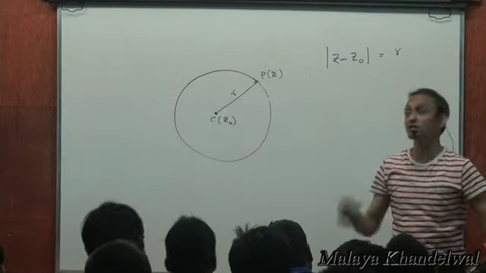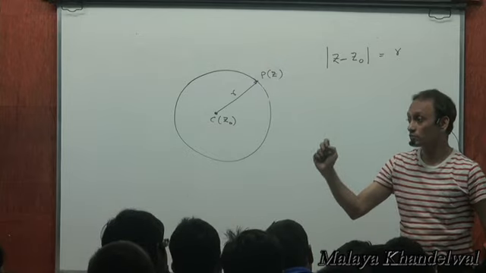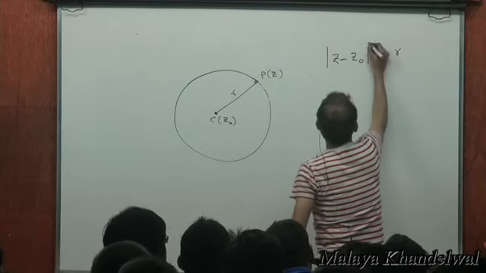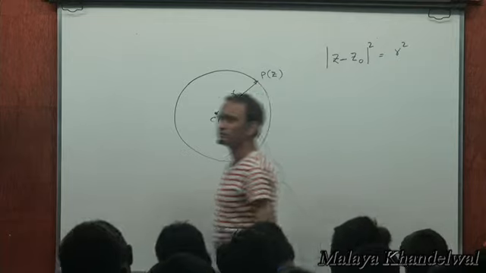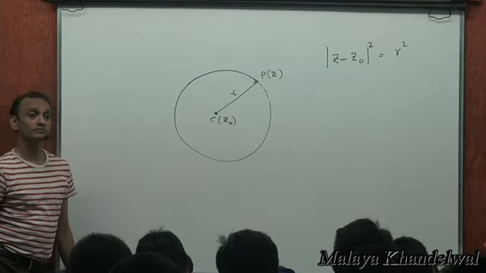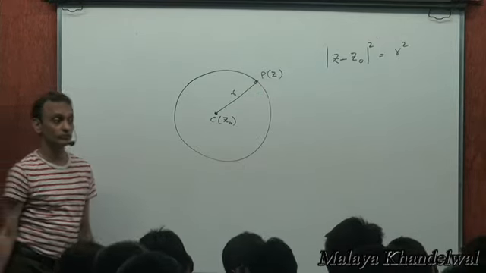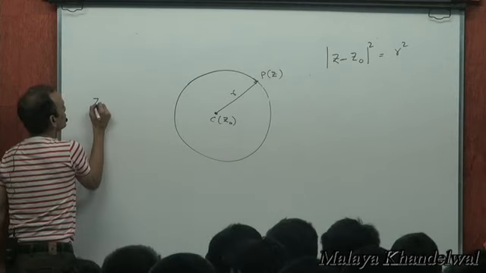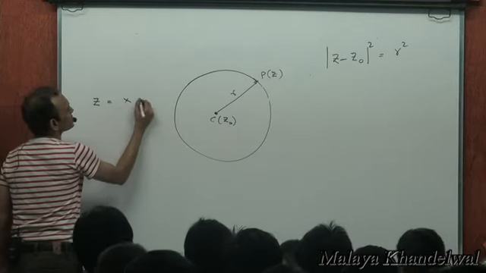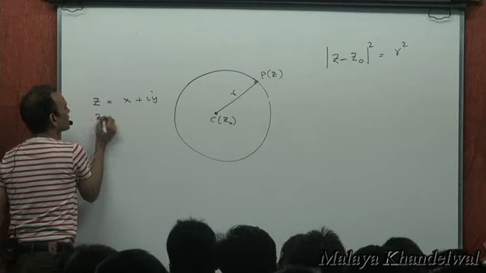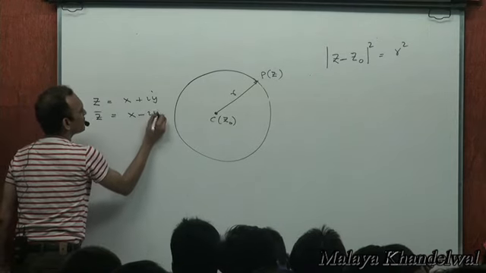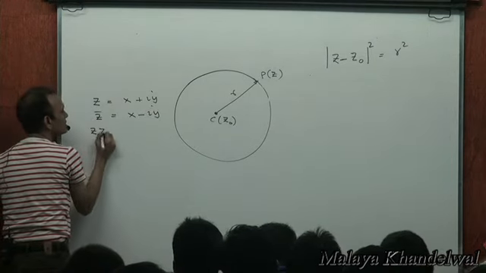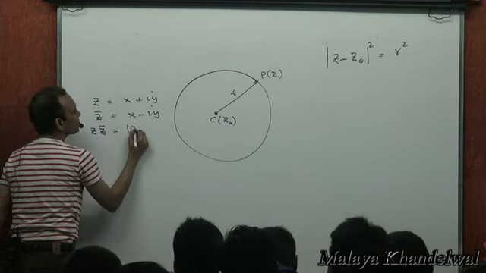Z is any point on a circle centered at z naught. Right? This square would be r squared. Yes or no? Now, suppose z is x plus iy, then z bar is x minus iy, and a fact that we learned, z bar, do you realize, is mod z squared?